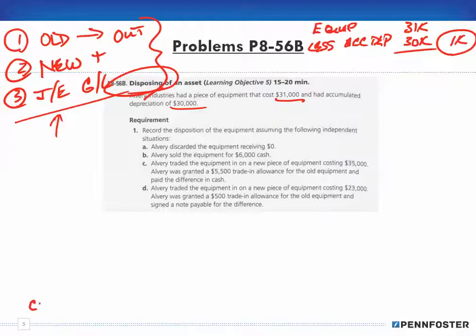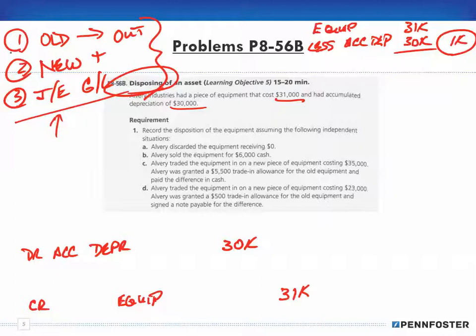So I'm still going to credit my equipment for the 31,000. And I'm going to debit my accumulated depreciation for the 30,000. Okay. So I did number one, I took that off.